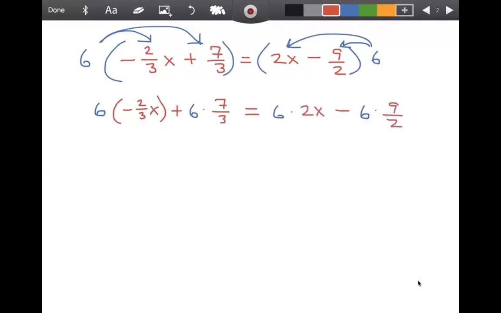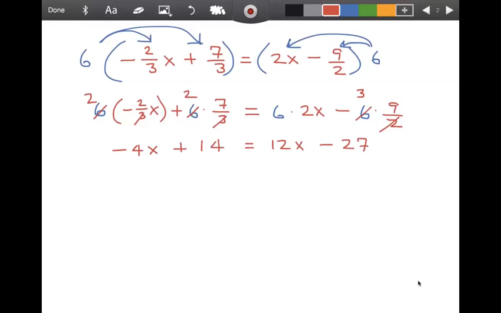All right, here we go. So 3 goes into 6 2 times. 3 goes into 6 2 times. And 2 goes into 6 3 times. So when we clean up this equation, it turns into something a lot nicer, which is negative 4x plus 14 equals 12x minus 27.